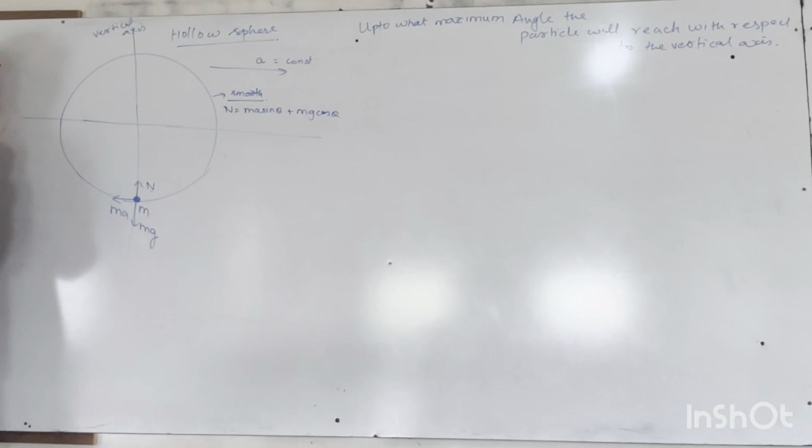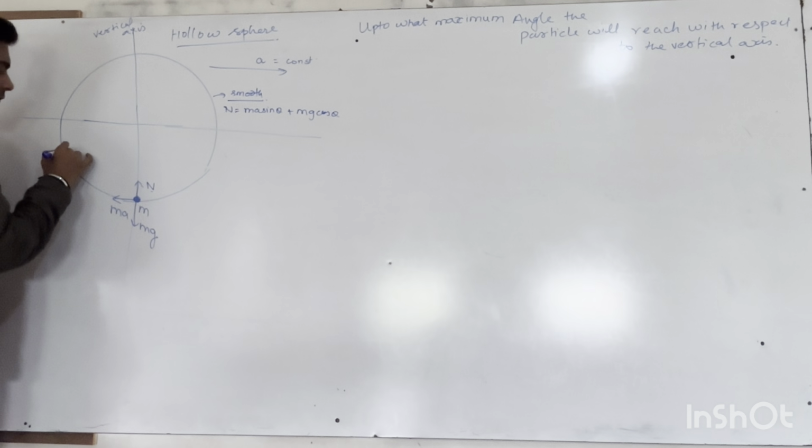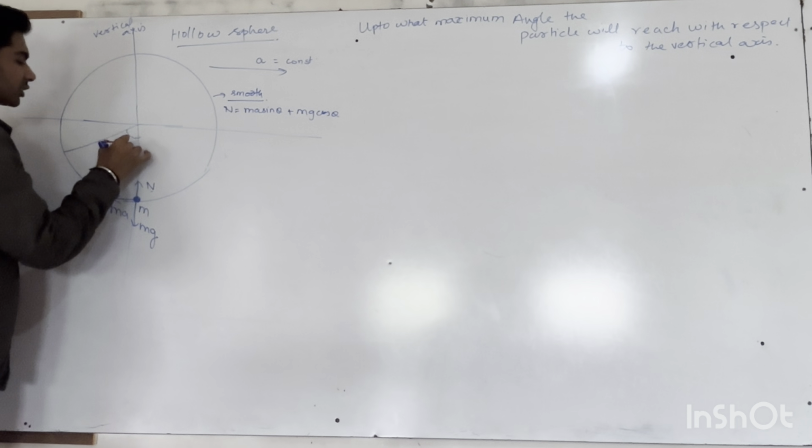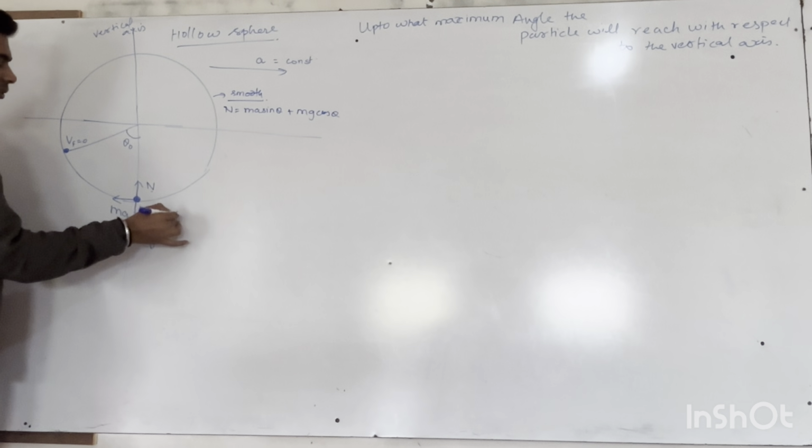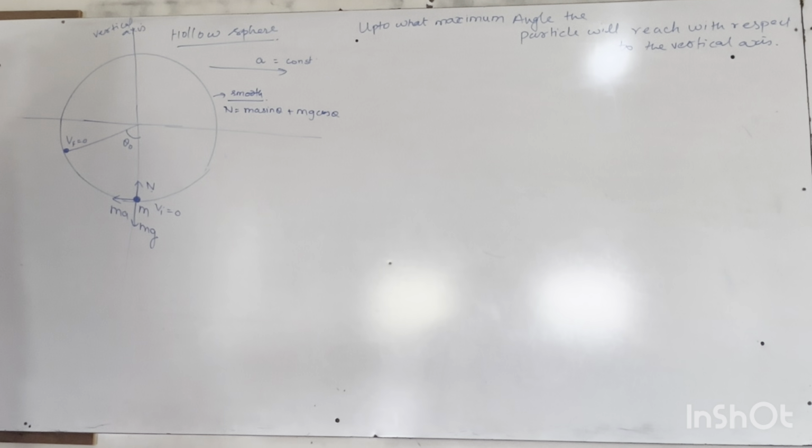These two are constant forces first of all, and let's say this is your maximum angle theta naught. At this moment the final velocity of the particle is 0. Initially the velocity of the particle is also 0. Let's apply the work energy theorem in this situation.